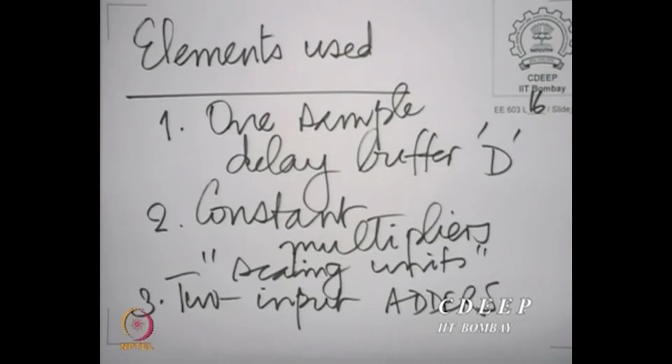Of course, you can very easily see that each of these elements can either be thought of as a hardware element or as a software element. For example, if you think about the one sample delay, you could think of it as a little program statement which stores the previous value and keeps it at a memory location. And of course, in hardware you can think of it as a register or a combination of registers. Similarly, a constant multiplier can be thought of either as a hardware element or as a software element.